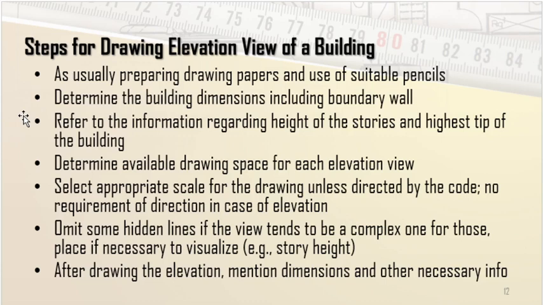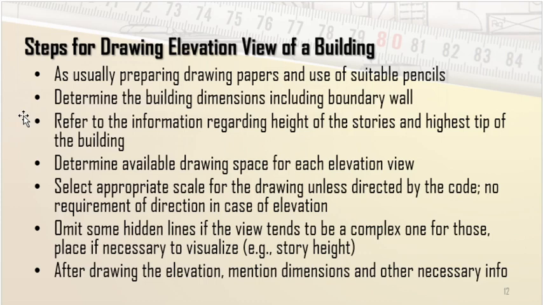So based on our requirement, if we want to draw 2 views on one drawing sheet, then we'll divide the available space into 2 and then determine the appropriate scale to draw this within the paper. So you can also draw 4 drawings at a time. Then you know how to choose appropriate scale from the last class. And if there is any direction by the code, as you have seen 1:100 given, so if it is restricted, then you must follow that convention.